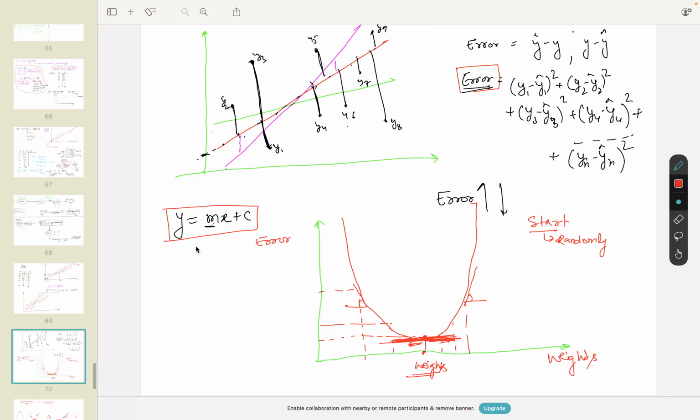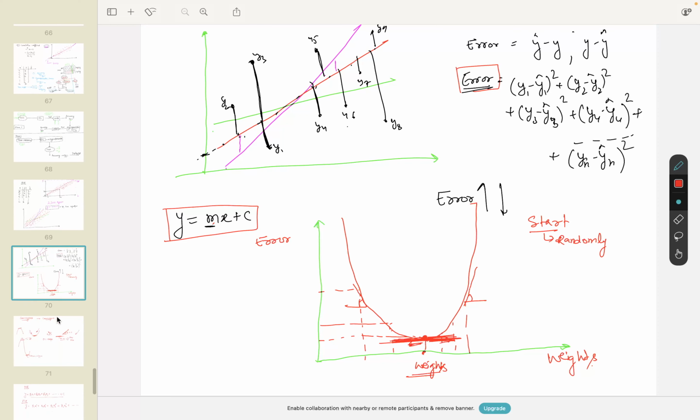So you can differentiate this equation, dy by dx, and equate it to 0. You'll find the critical points, then double differentiate the equation and put in the values to find whether we are at the maxima or the minima point. That's how you will find it.